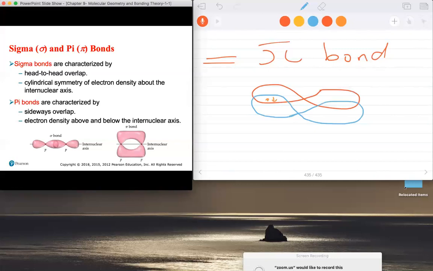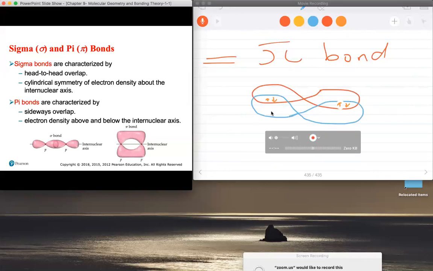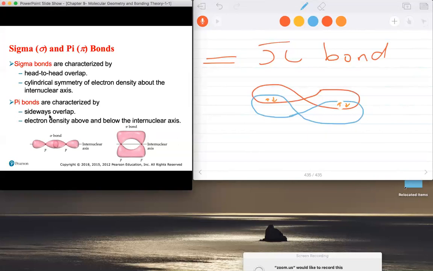You see where the electrons overlap side by side, with opposite spin for the electrons. It doesn't show clearly on this diagram, but have in your mind that there are 2 p orbitals overlapping sideways.